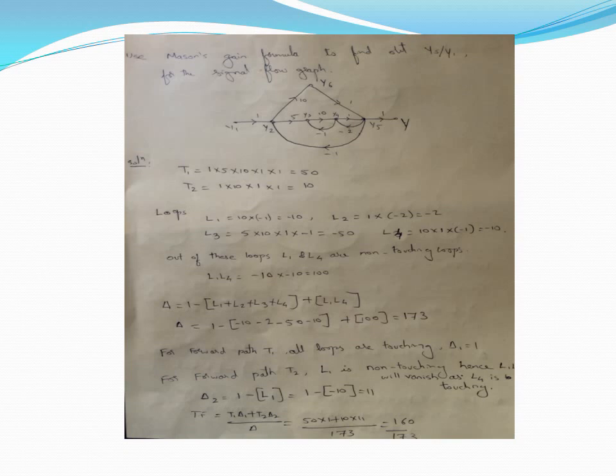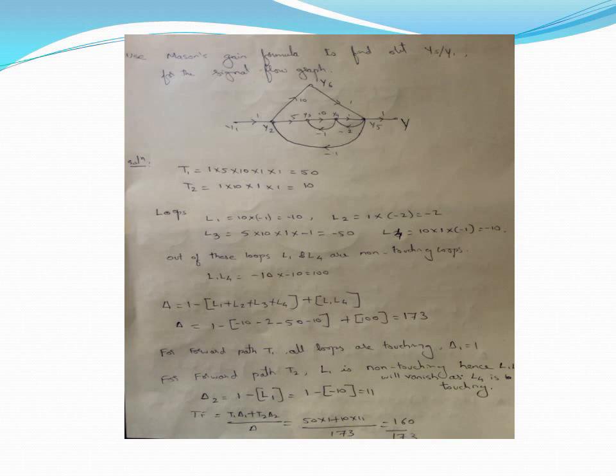The loop L1, that is y3, y4 and back to y3, is not touching this path. So delta 2 is 1 minus this loop L1, which is minus 10. So 1 minus of minus 10 is 1 plus 10, it is 11.